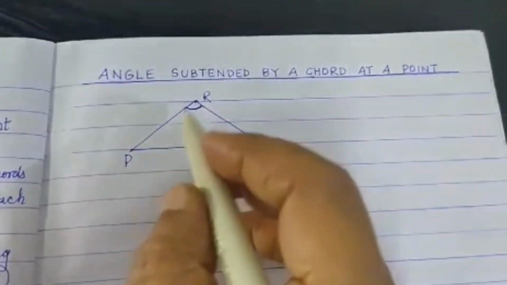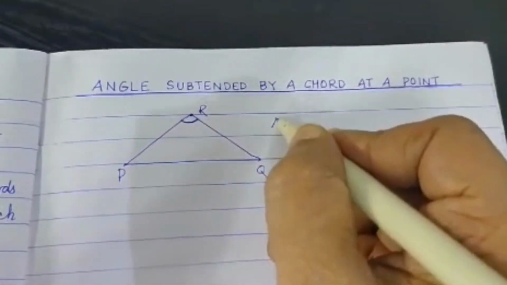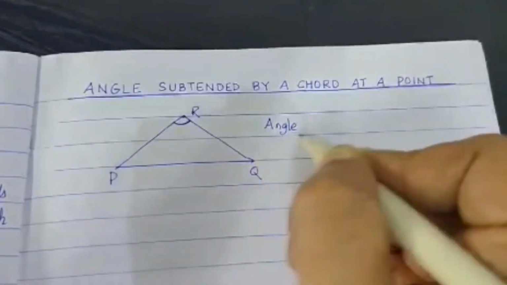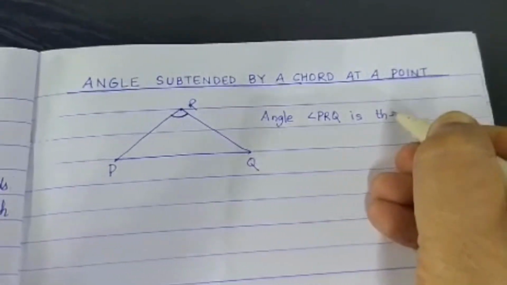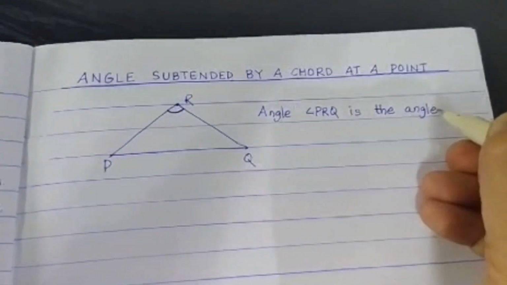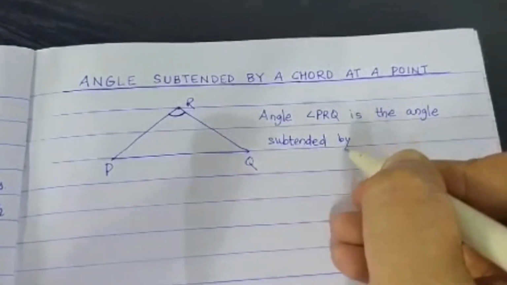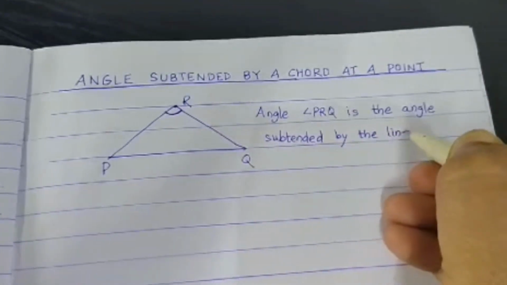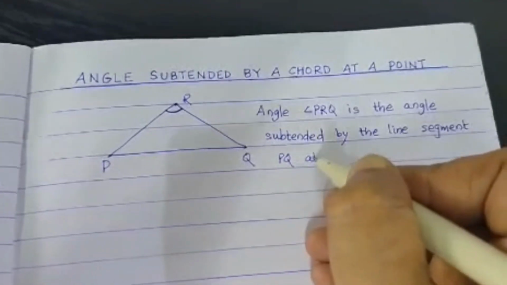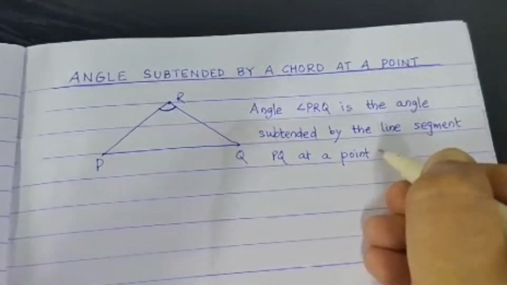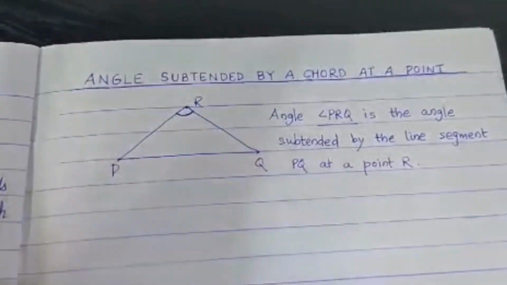This angle PRQ is called the angle subtended by the line segment PQ at the point R. So this is the angle PRQ, the angle subtended by the line segment PQ at a point R.